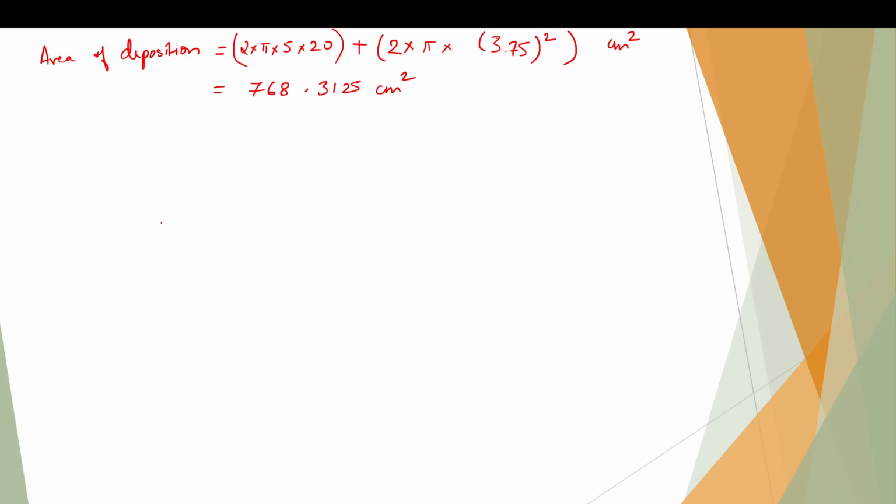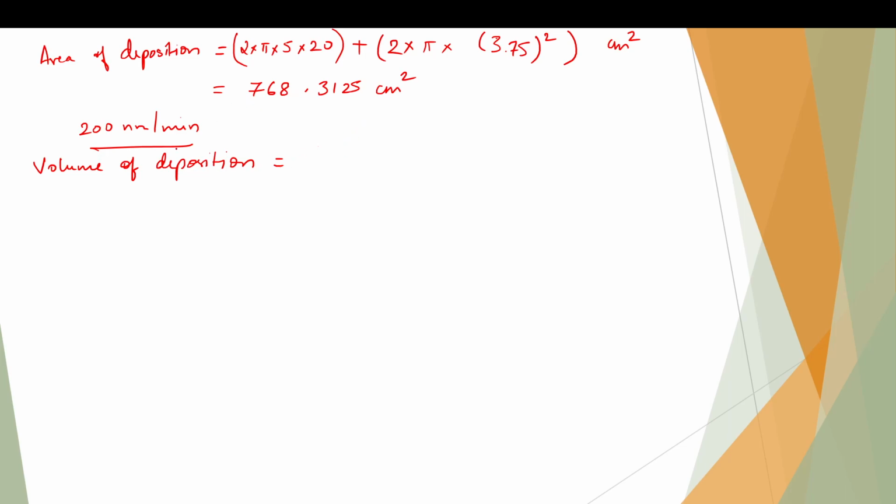Right, now we have to find out how much silicon is depositing in gram per minute. They have given us that the deposition rate is 200 nanometer per minute. So using this we can find out the volume of deposition, which will be nothing but this times this.